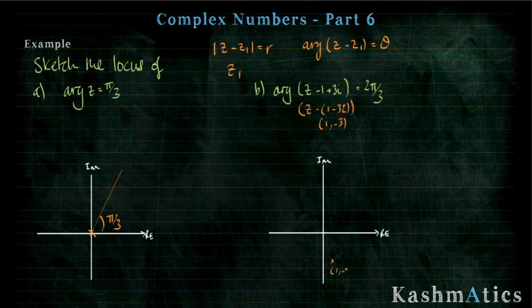And I need to measure from this line here, so this line is where your 0 radians is, and 2 pi over 3, that's 120 degrees, so that would be over here, and that angle there is 2 pi over 3. That means that number z lies somewhere along this line. So the argument is measured from this point here instead. Hopefully that's clarified what happens in those types of questions.